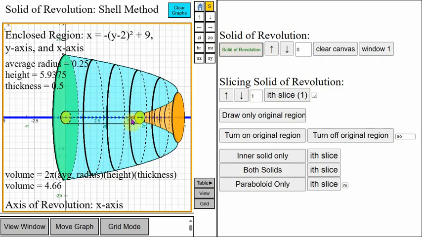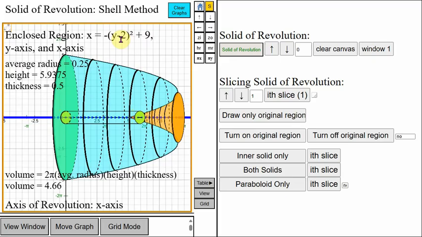Here's shell number 1. The inner radius is 0 and the outer radius is 0.5, and so right in the middle is 0.25, which is the average radius. Then we're going to use the 0.25 to find the height of this shell.